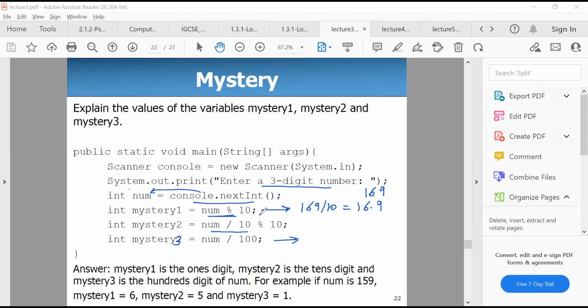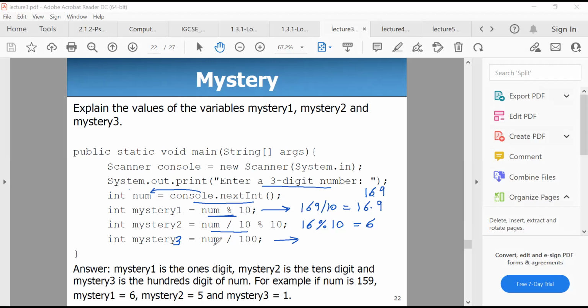When we divide an integer by an integer, the result is not a decimal point, it's only 16. So it means 16 modulus 10. When you have 16 modulus 10, the remainder is 6. Yeah. Okay. Now have a look again.